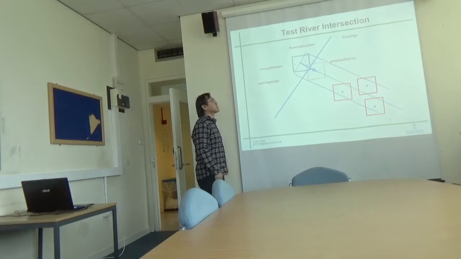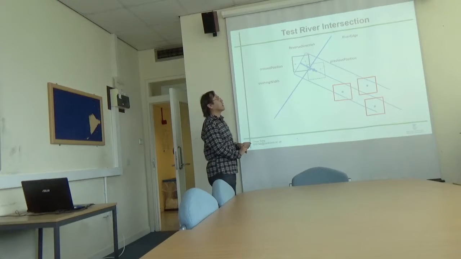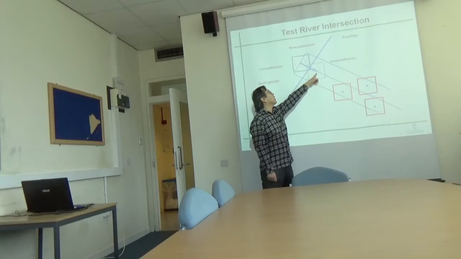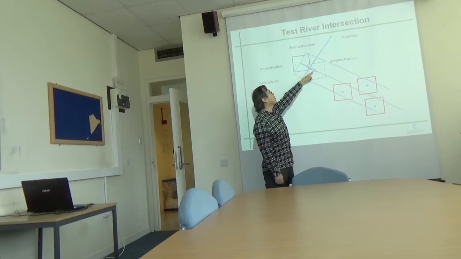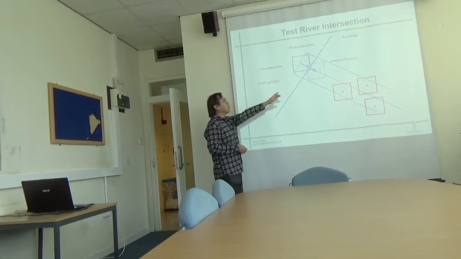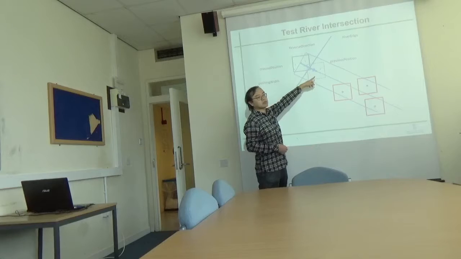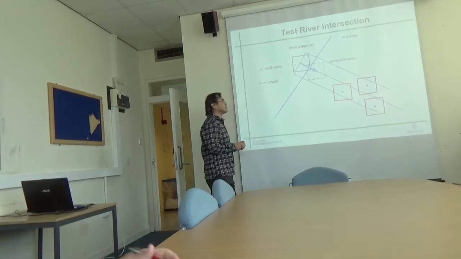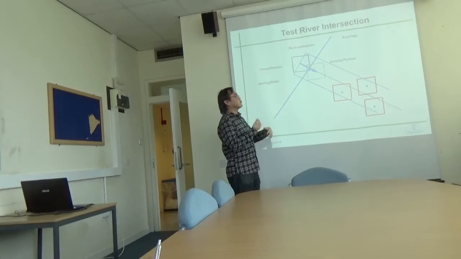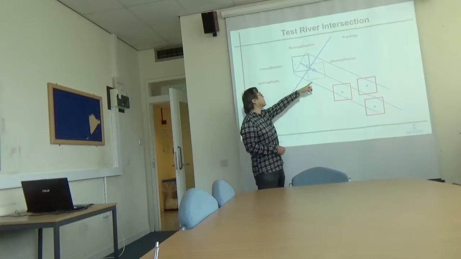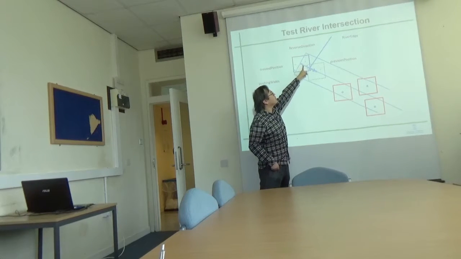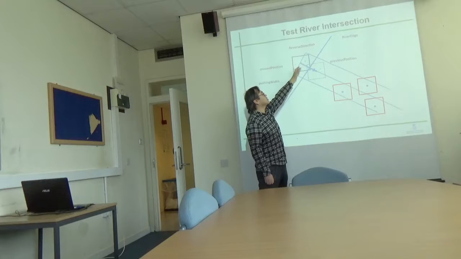If this line intersects with one segment of the river edge, we call it a river intersection. So in this case, the previous position is on the right of the river, and the current position is on the left of the river. So we push this region back to its previous position to preserve the topological position. We generate the pushing direction and push it back.